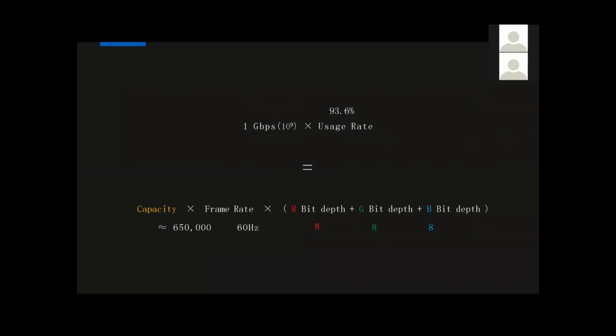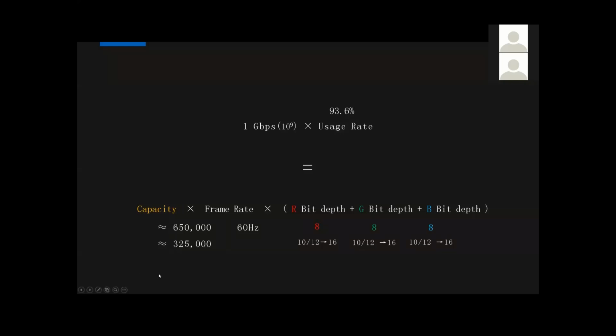But another thing is, for 10-bit, if some high-end customers want to use 10-bit or 12-bit color input, once the color bit depth goes up to 10 or 12, the loading capacity will be half, which is 325,000 pixels. It's a fixed loading capacity when we have 10 or 12-bit color input.